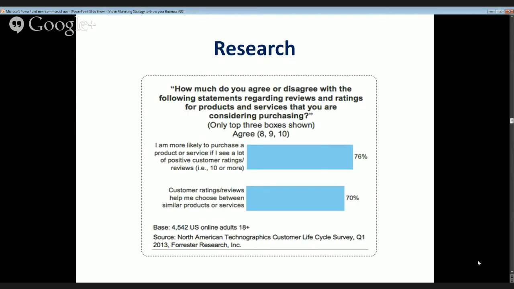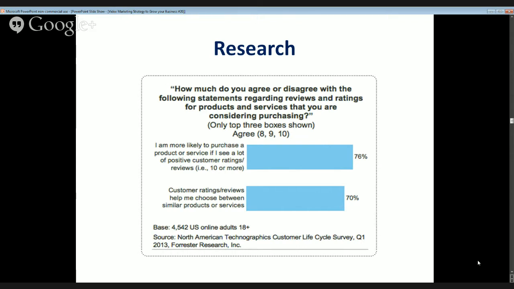Okay, so research shows that 76% are more likely to purchase a product or service if they see a lot of positive customer ratings or reviews. And look, when I go to a restaurant, I don't know much about the restaurant. I look for reviews, and if I'm seeing that most of the reviews are very positive, then I'm thinking that this is going to be a pretty good restaurant.